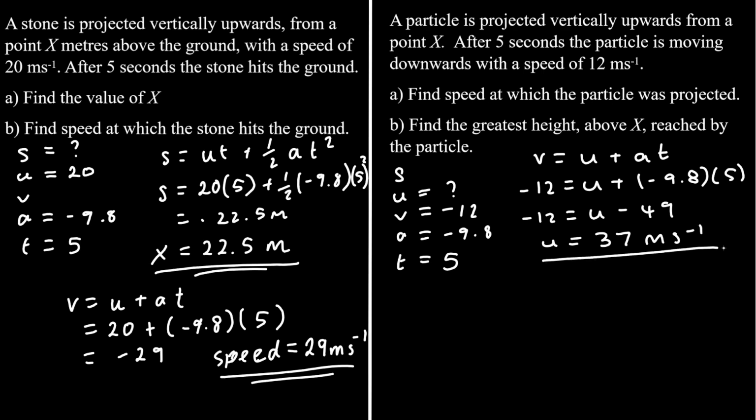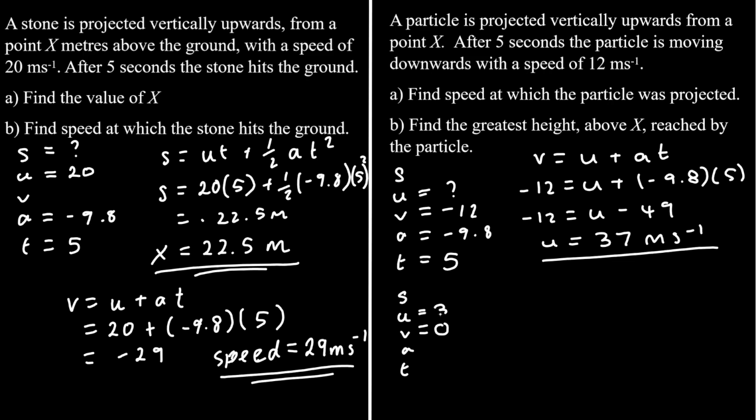Find the greatest height above x reached by the particle. So we actually don't want to know the displacement for this suvat. We actually want to write suvat out again because we want to know when, at the greatest height, velocity is 0.